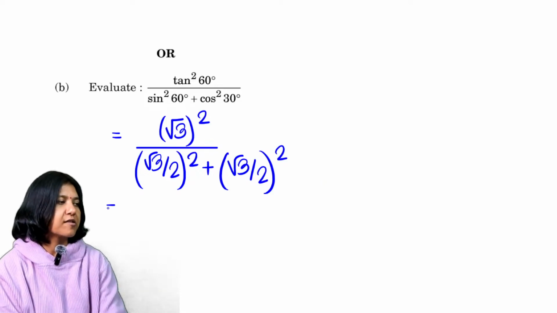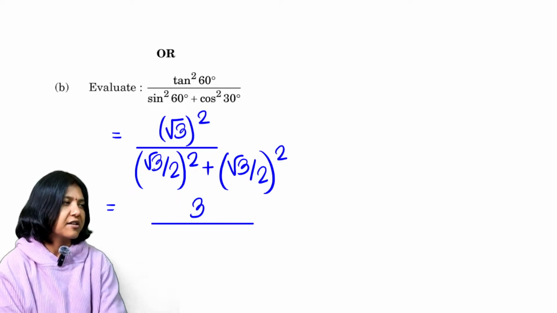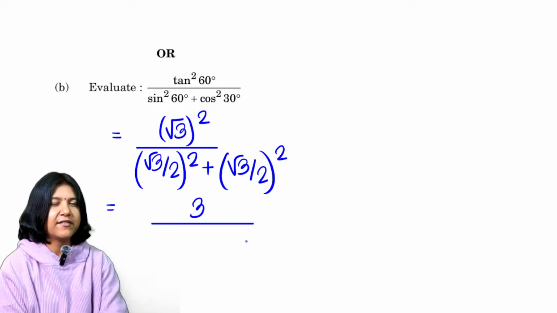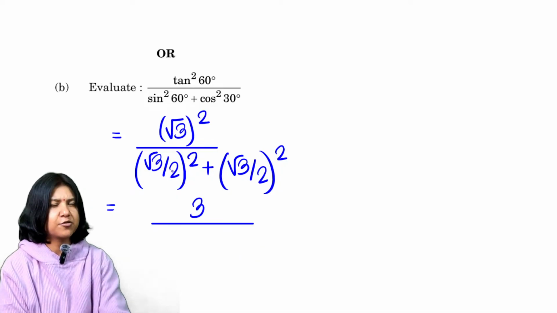Now you want to simplify. Square root 3 getting squared gives me just 3. At the bottom, I have the same thing added twice. So if I have x plus x, you can write 2x. Then the same thing added up, I can write 2 times this. Okay, that's optional.